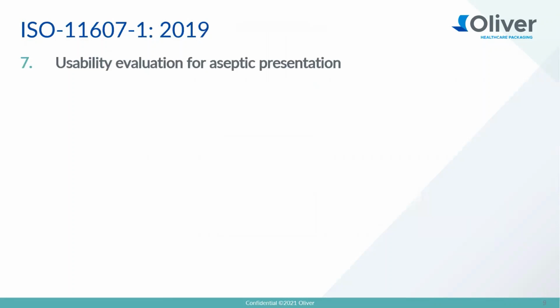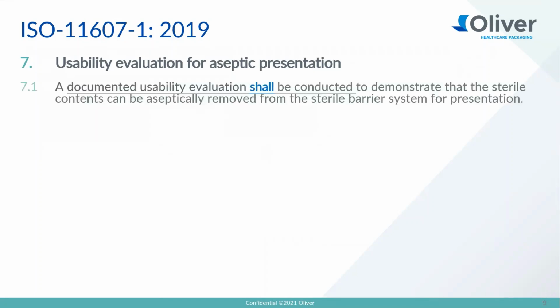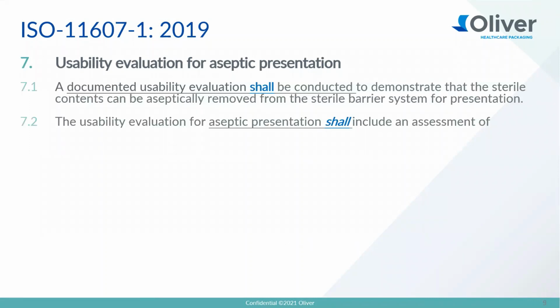Hey, Tommy, in ISO 11607 Part 1, Section 7, the usability evaluation for aseptic presentation, it talks about two things. One is that aseptic presentation shall be evaluated and documented.